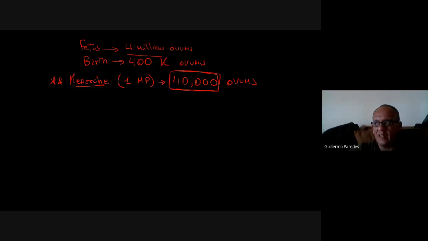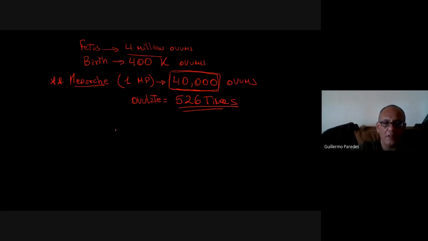But you might say, oh my God, I'm going to ovulate 40,000 times? No. You are going to ovulate only 525 times in your lifespan.